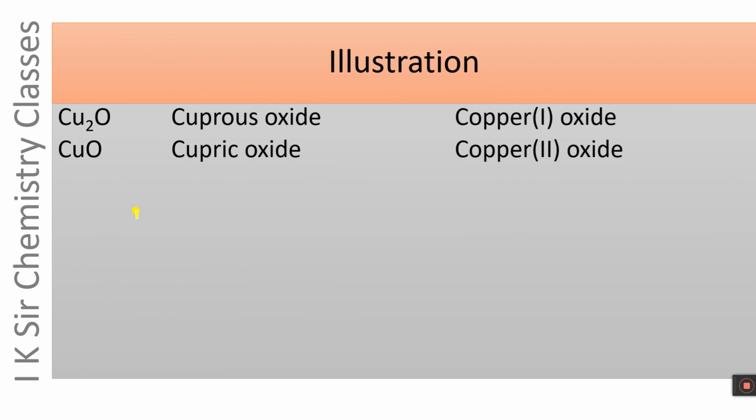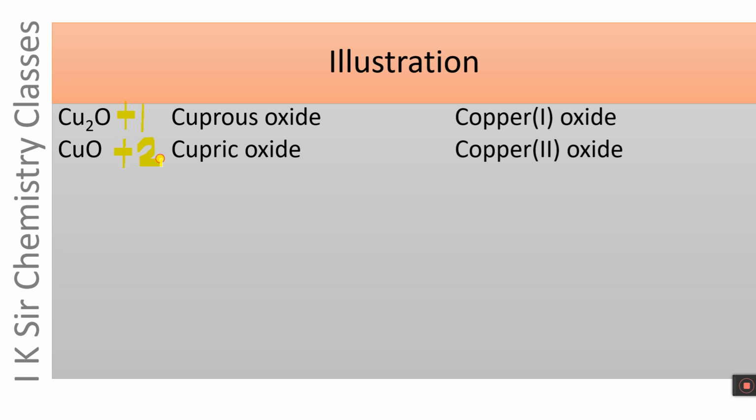Copper forms two oxides, Cu2O and CuO. The oxidation number of copper in Cu2O is +1, while that in CuO is +2.